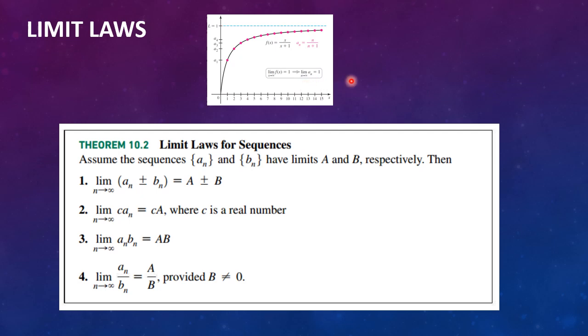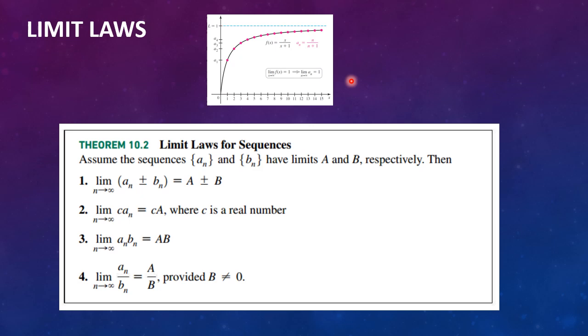So here we're looking at the limit laws for sequences, and you'll see that these correlate strongly and directly to limits at infinity for functions. Assume the sequences a sub n and b sub n have limits A and B respectively.